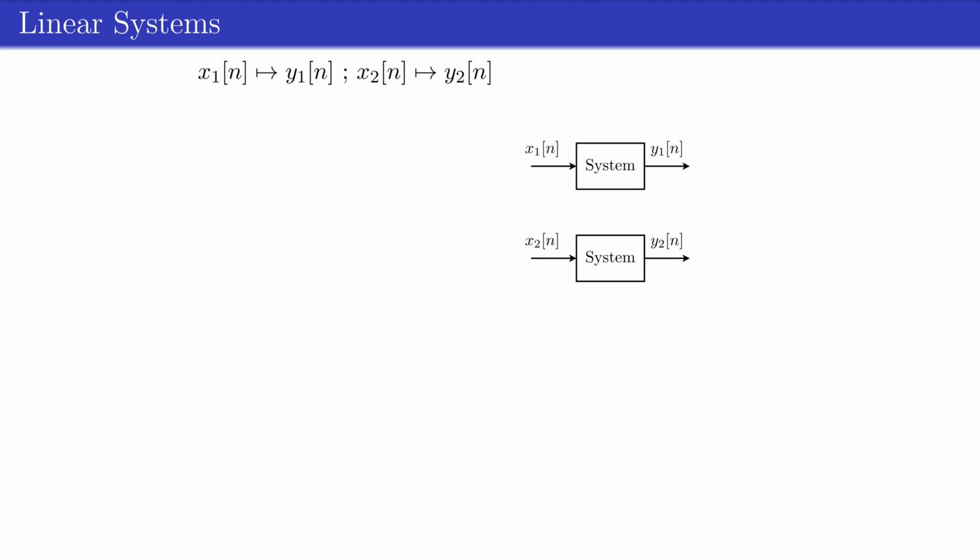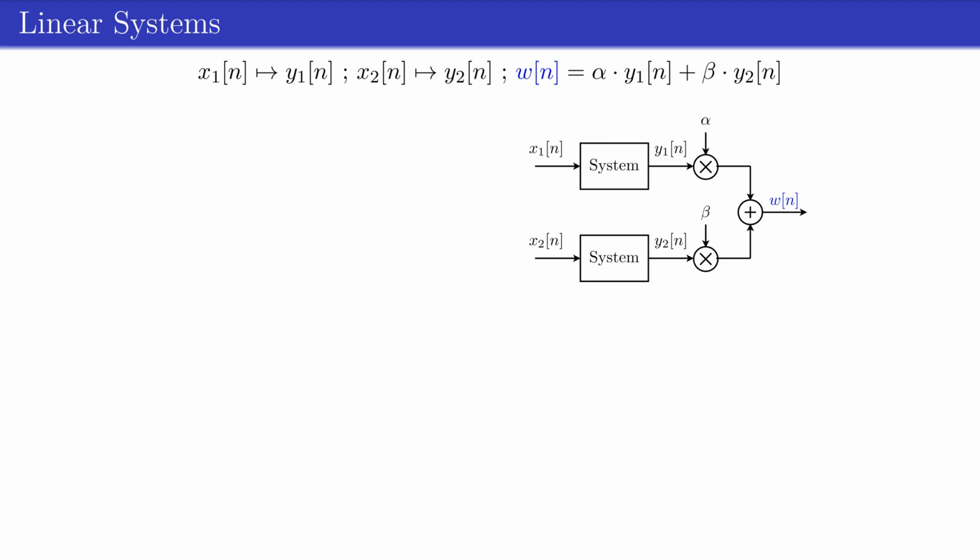Linearity of a system can be shown as follows. Assume when applying signals x1[n] and x2[n] to the same system, they result into the output signals y1[n] and y2[n] respectively. Combining and weighting these two output signals as alpha y1[n] plus beta y2[n] results in the output signal w[n].